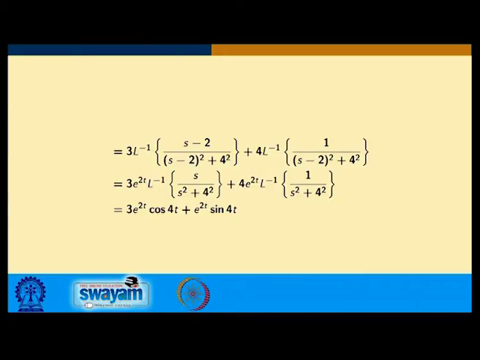I am just breaking this part here. If I know the F of s, then if I multiply by F of s by a, that property I am using here, and I am getting the Laplace inverse of this, and from here I can obtain the desired solution.